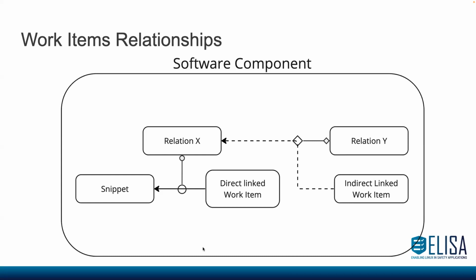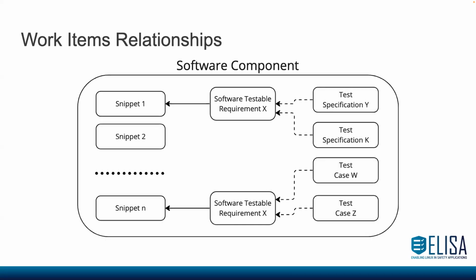What does it mean? The same top-level work item can be connected to different snippets, and each instance of that work item can be related to a different set of low-level work items. That's because a high-level work item, as a software requirement, in general can describe a behavior that is scattered in the specification across different snippets.